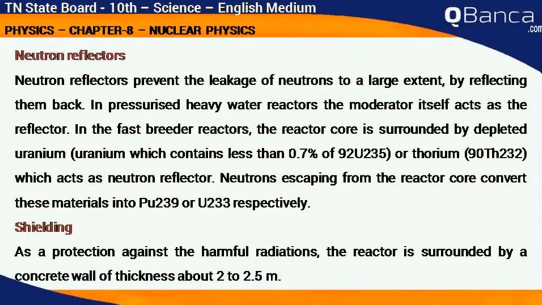In the fast breeder reactors, the reactor core is surrounded by depleted uranium, that is, uranium which contains less than 0.7% of 92U-235, or thorium 90Th-232. It acts as a neutron reflector. Neutrons escaping from the reactor core convert these materials into Pu-239 or U-233 respectively.